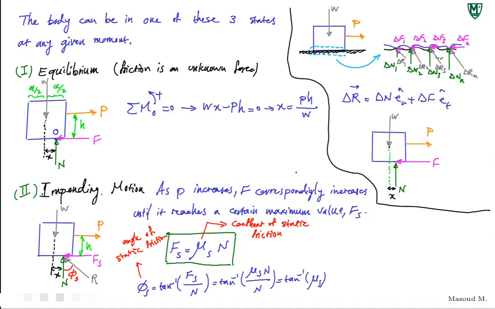What is this mu s? This mu s is basically a constant that they calculate and that you are given. They calculate this using experiments. How do they do that? They put two surfaces of different materials with different types of finishing in terms of manufacturing, and they measure the friction between these surfaces.